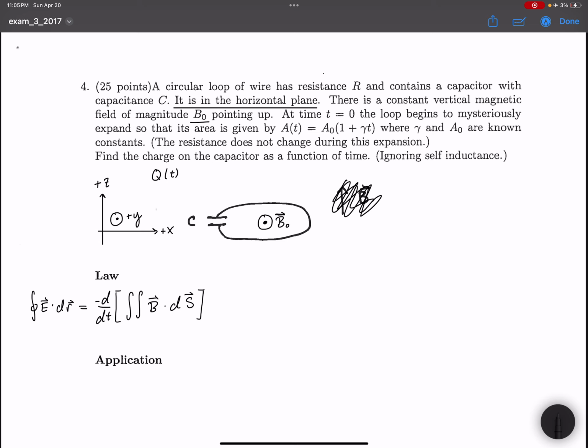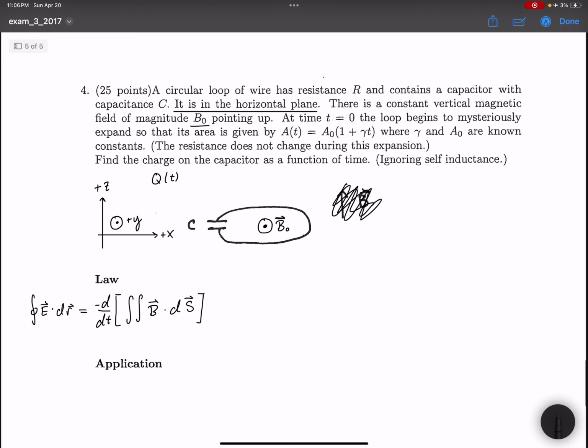So the magnetic field is pointing towards us, which means that we can figure out the direction of the current in this loop using the right hand rule. So if the magnetic field is pointing out of the page, then our right hand is going to be coming up and around, going up out of the page, and our thumb is going to be pointing to the right.